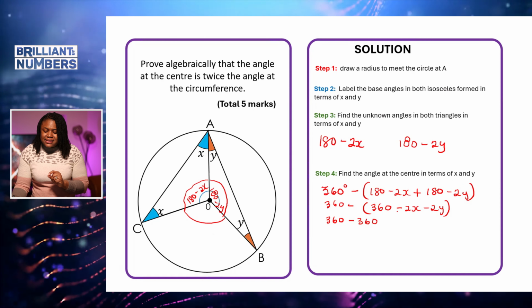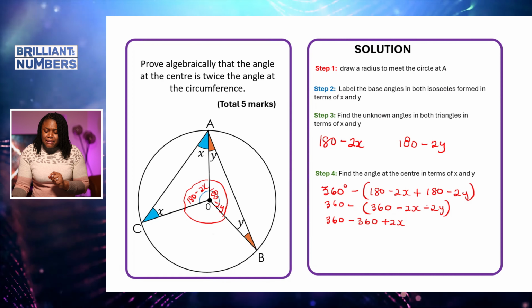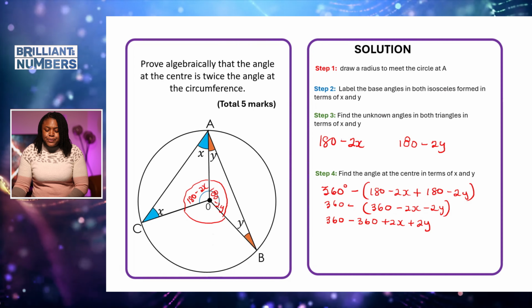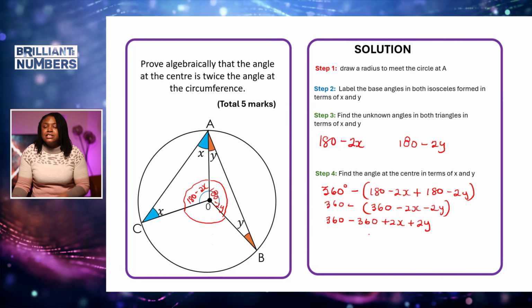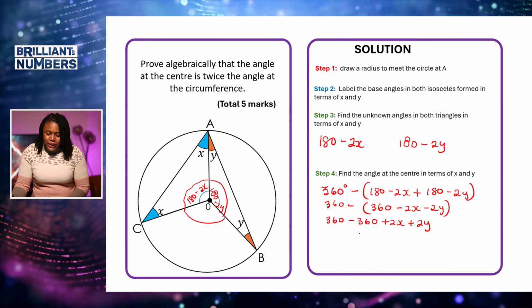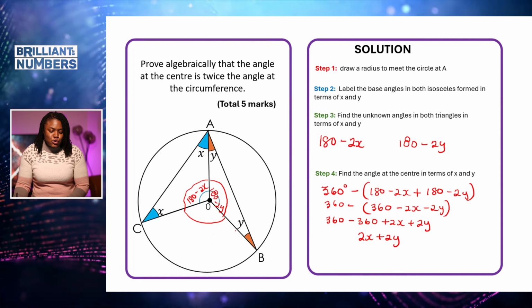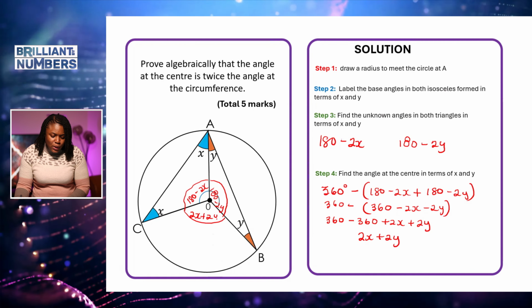Negative times negative gives us positive 2x, and negative times negative here gives positive 2y. We can see here that 360 take away 360 is equal to 0. So all we have left for the angle at the center is 2x plus 2y. I write that in: 2x add 2y.